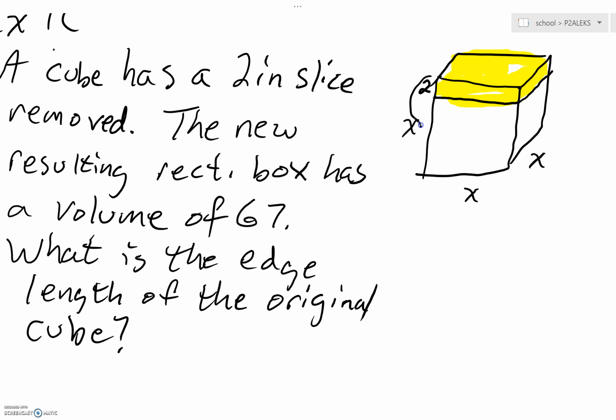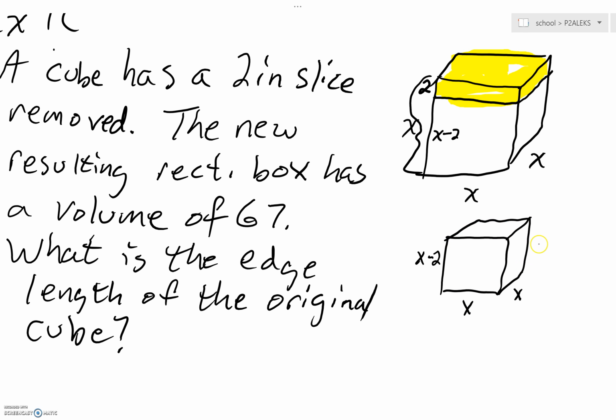First of all, if this whole thing is x, and if you're taking 2 away, hopefully you would agree that my new height is x minus 2. Right? I'm going to slice off a top. I'm losing 2 inches. My new box is only x minus 2 steps high, but I still have an x by x here.